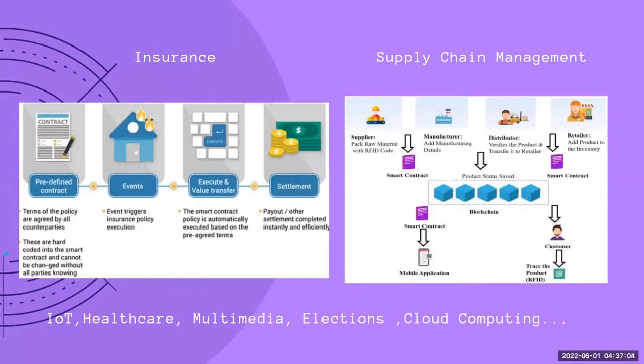I have two examples for implementing smart contracts in industry. One is supply chain management, and the other is insurance. For the supply chain, with multiple stakeholders and business transactions, supply chains are inherently complex. Many challenges exist, including the lack of transparency and traceability, difficulty managing risks and disruption, and the need to build trust and reputation. Blockchain technology ushers in the potential to solve these challenges through the use of smart contracts.